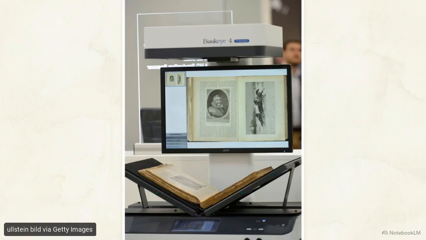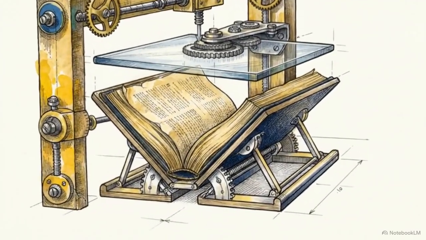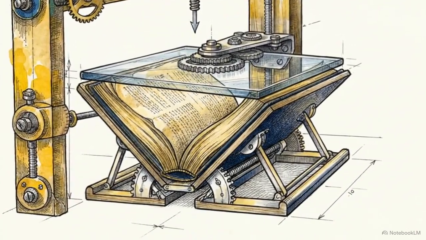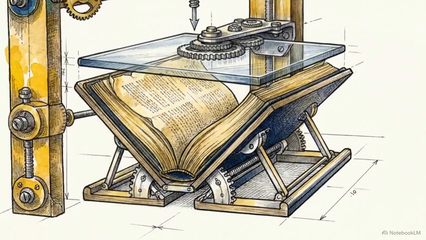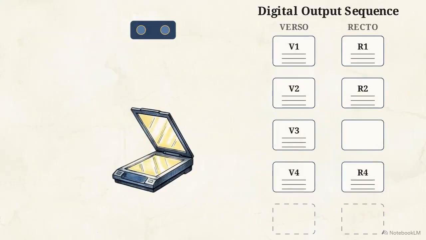Modern mass digitization relies on strict automation, utilizing hardware like the non-destructive V-shaped book scanner. A V-cradle and a precisely angled glass platen work in tandem, safely flattening fragile paper to photograph it without breaking the aging spine. A dual camera array captures the left page, the verso, and the right page, the recto, simultaneously with every physical leaf turn.